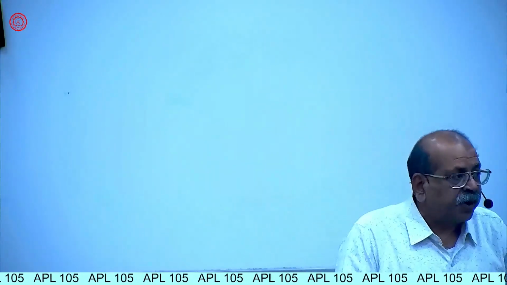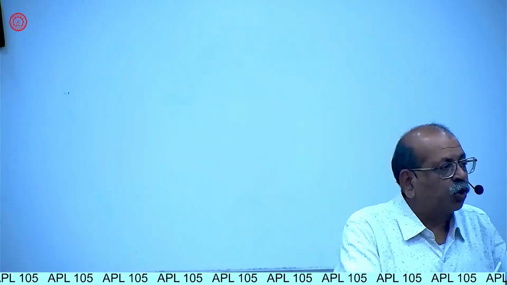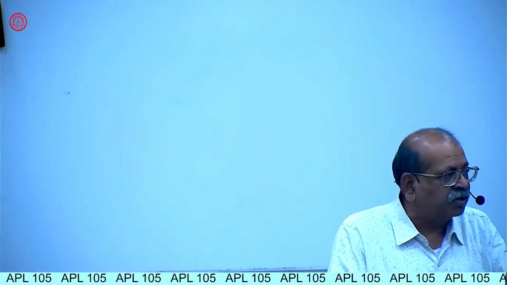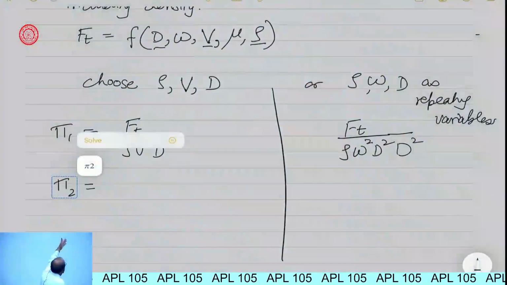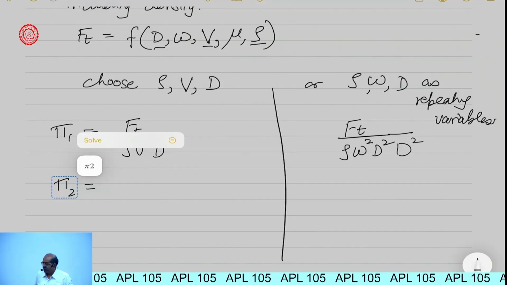I did not even do step 2, which was to check how many basic dimensions are there, because it is obvious. In certain problems, mass may not be there. If it is only flow rate and kinematic variables, then mass will not be there. Then you have to use only 2 repeating variables. Okay. So now what will be pi 2? How do I make a pi group with omega?